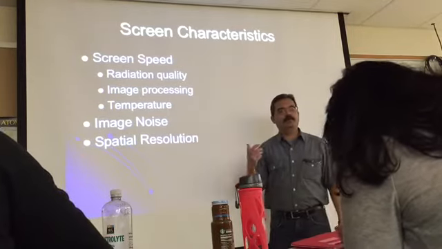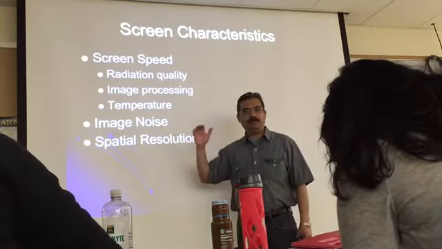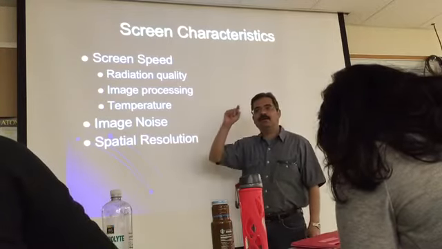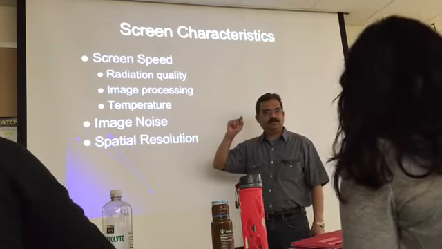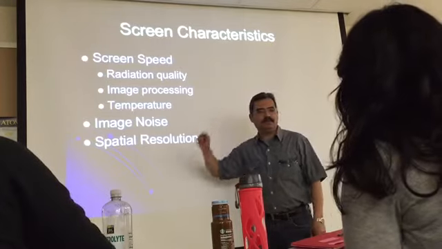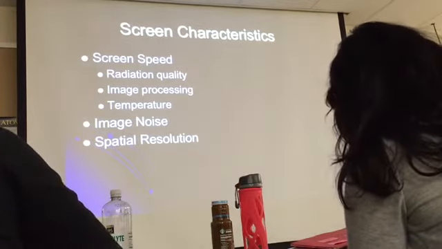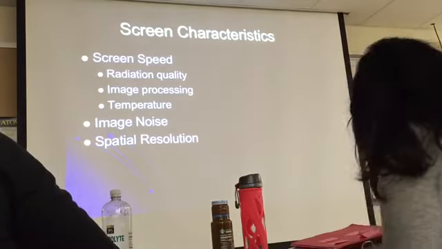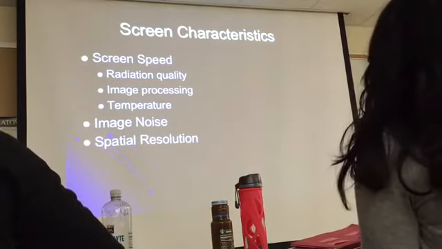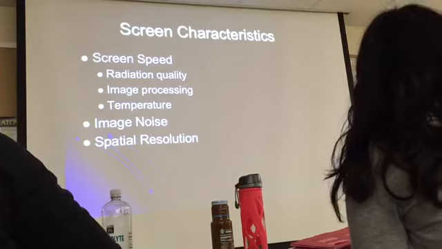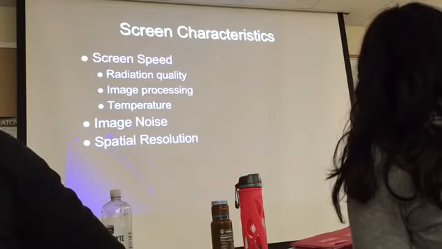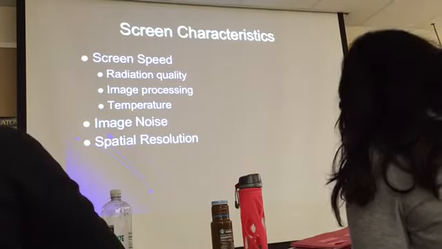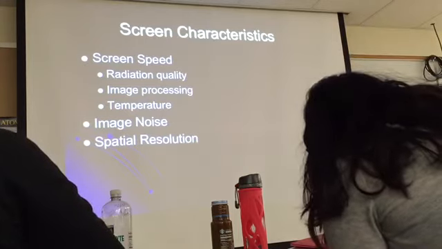Another type of noise that we will learn later on in this class is when you have a dotted image, and that is quantum mottle. I think it's an M here at the end, quantum mottle, and that's a dotted image, okay?